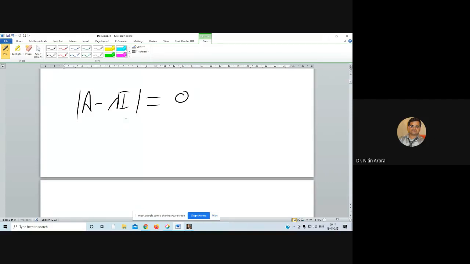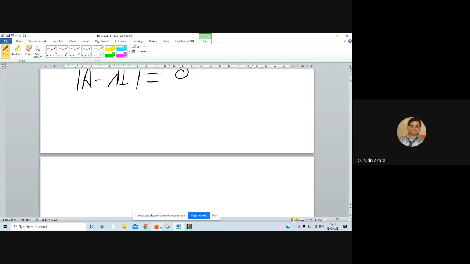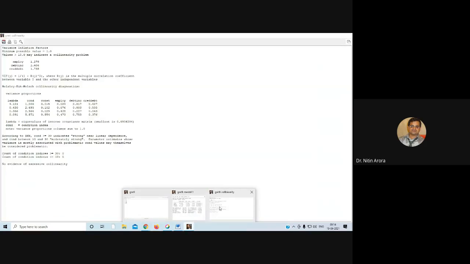When we use this, we calculate the roots of lambda, and these roots of lambda are called eigenvalues. Here matrix I is the identity matrix, lambda is the lambda parameter, and this A is nothing but the inverse covariance matrix. We compute the covariances and compute the inverse of that covariance matrix. Whatever inverse we get, that inverse is called A.